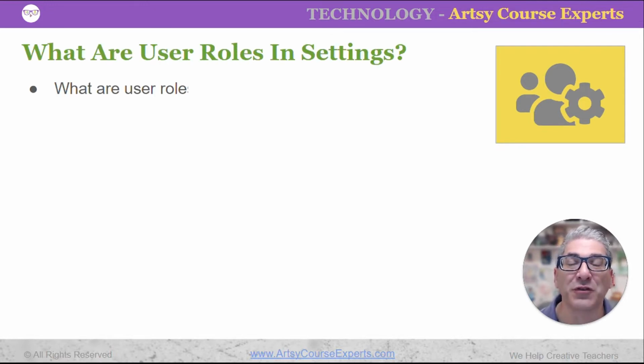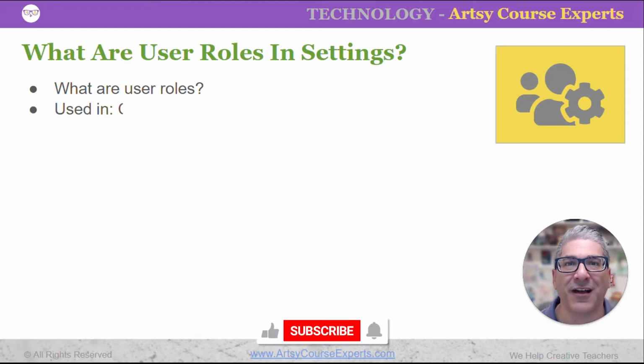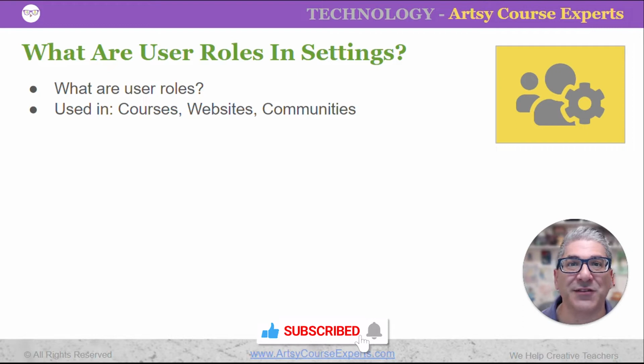So user roles are permissions that control the access of features for every user, whether it's a teammate or a student. User roles are available in a lot of systems, whether it's your courses, your websites, your communities. Roles are really permissions.